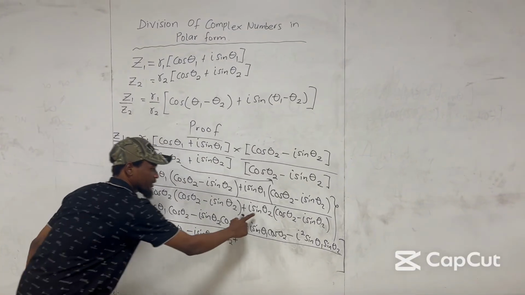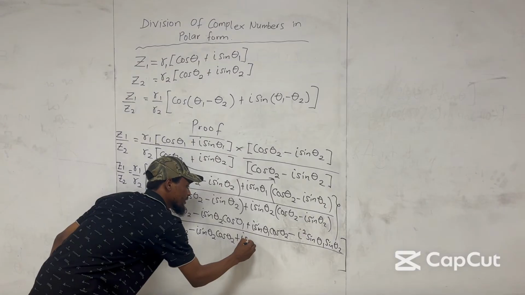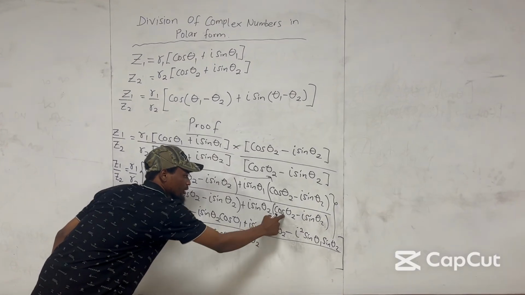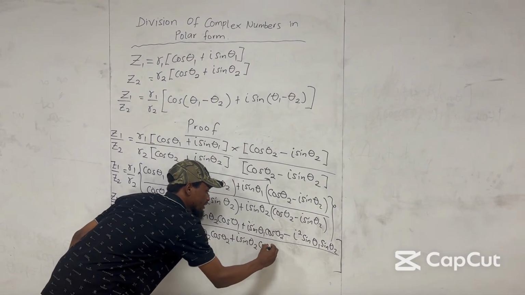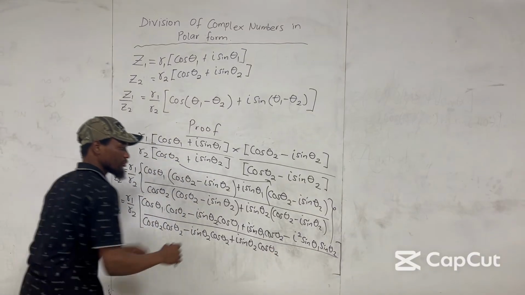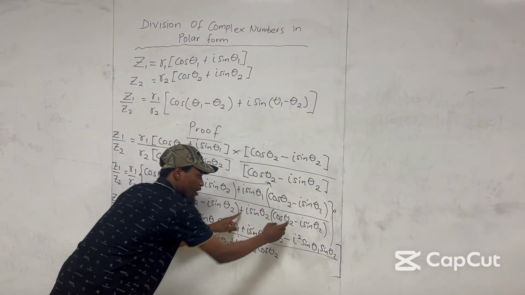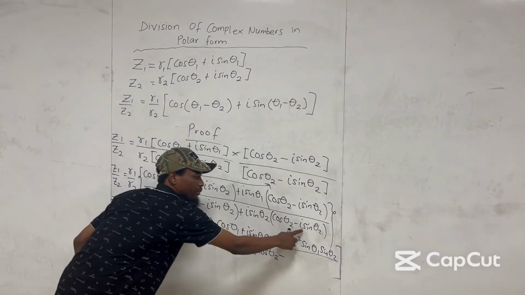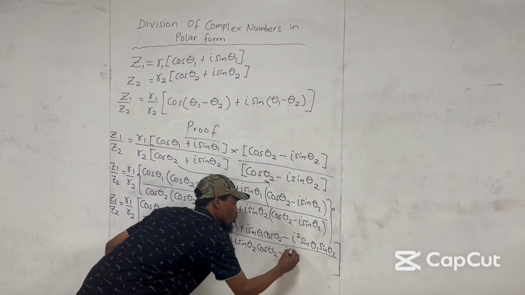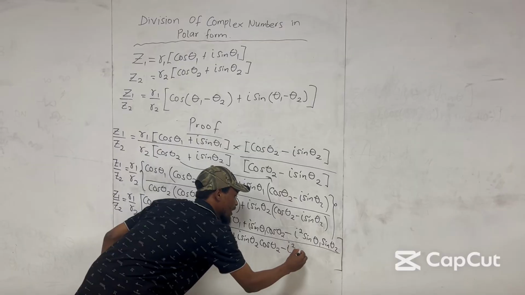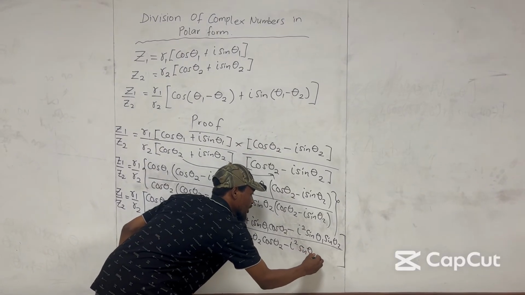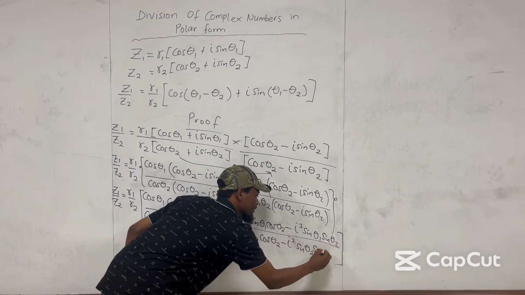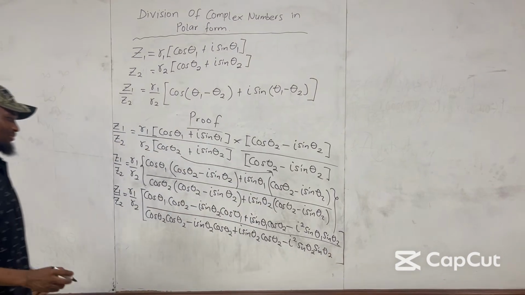Then plus this by this, I have I sin theta 2 and I have cos theta 2. Negative and positive, okay? We have negative I times I squared. I have I squared. Then I have sin theta 2 sin theta 2.